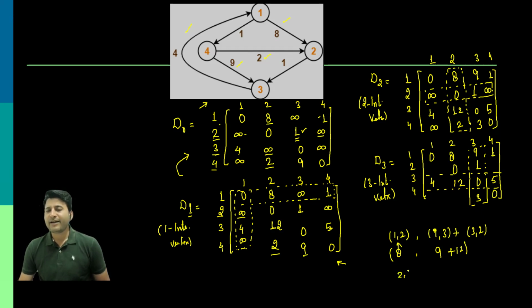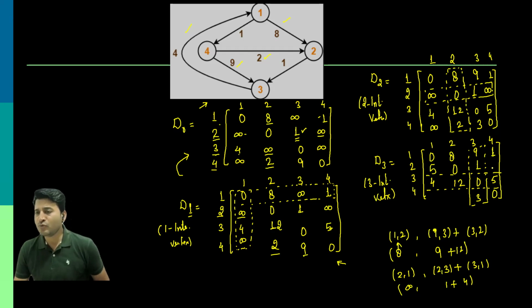Let us find 2 to 1, making 3 an intermediate vertex. In your D2, 2 to 1 is infinite. 2 to 3 is 1 and 3 to 1 is 4. The minimum between infinite and 5 comes out as 5.